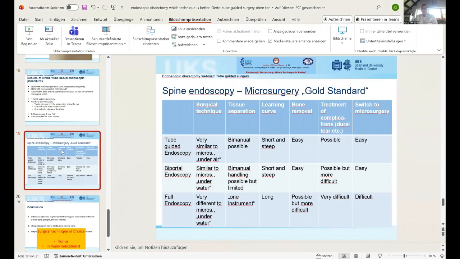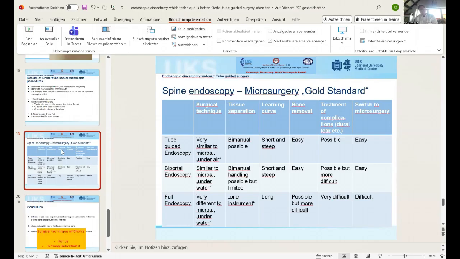So when we compare the spine endoscopy, we have to be better than, or at least comparable with microsurgery, which is still the gold standard. The advantage of the tube-guided endoscopy is it's very similar to microscopy, so it's under air. The bimanual tissue separation is possible.